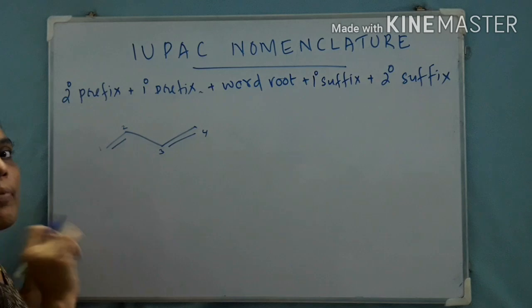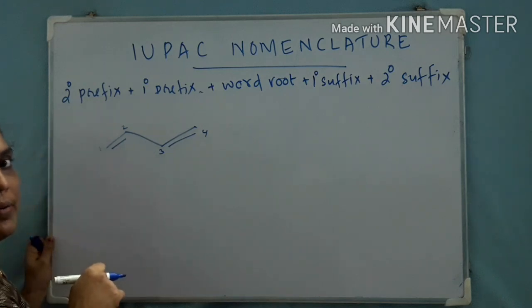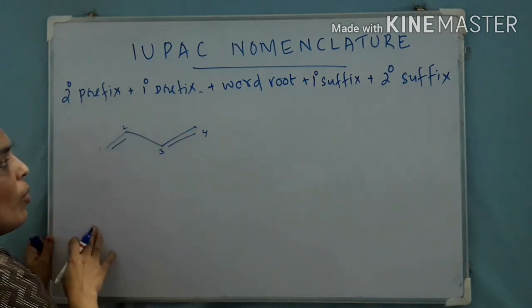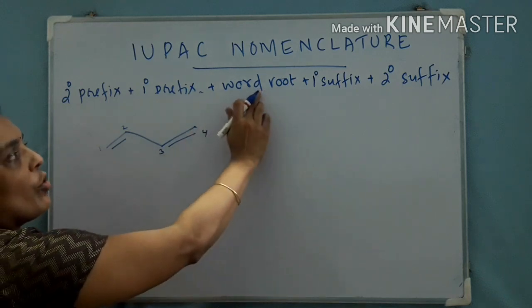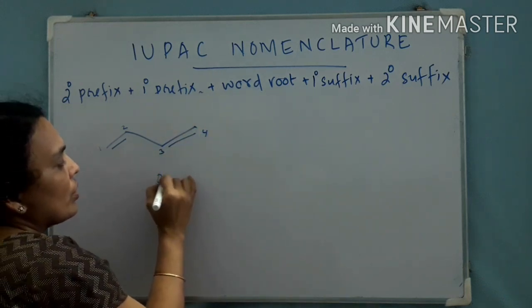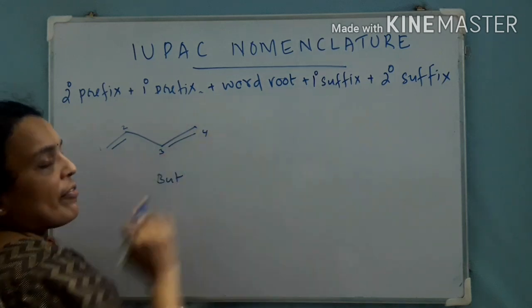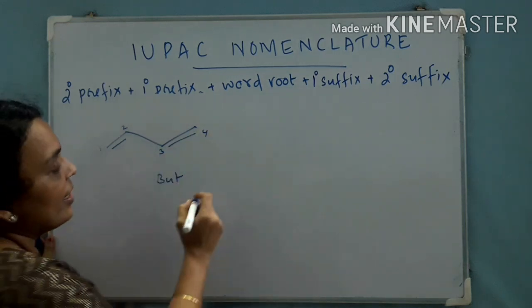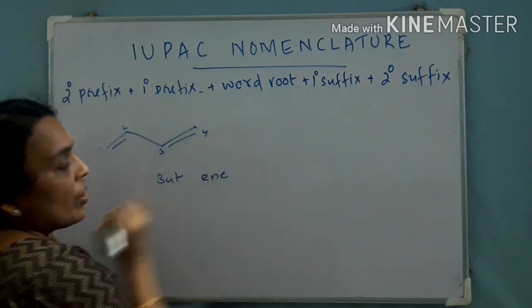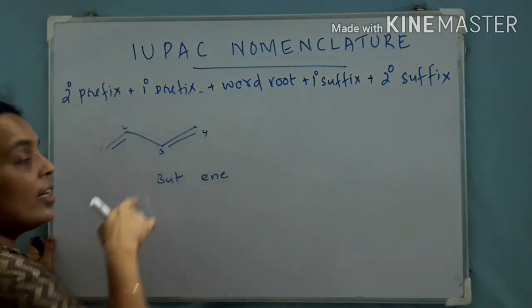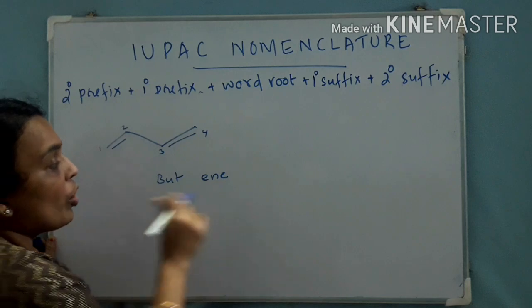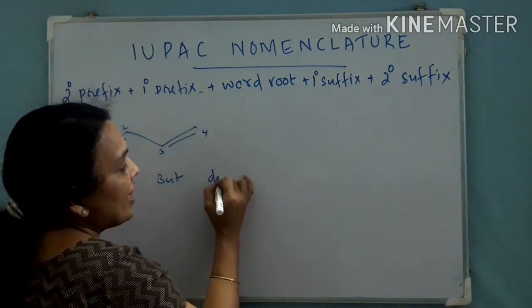It is a 4 carbon system, so the word root is but. Then what about the primary suffix? It is ene. How many enes are there? 2 enes are there. So it is diene.